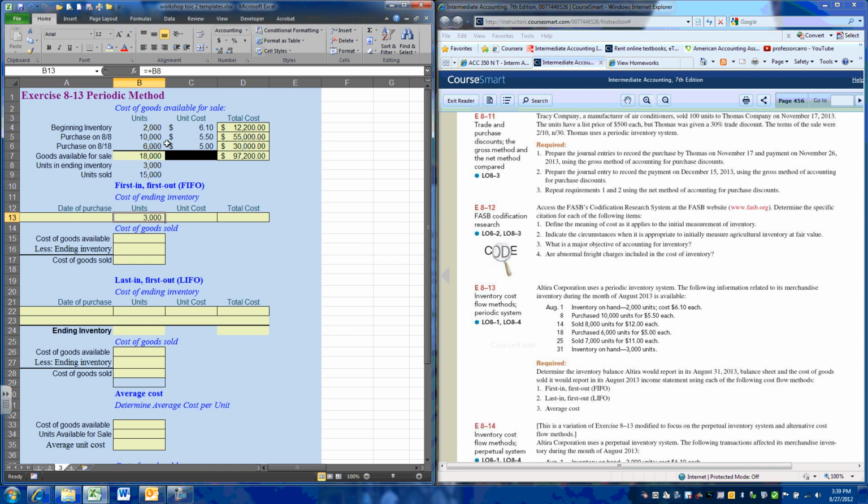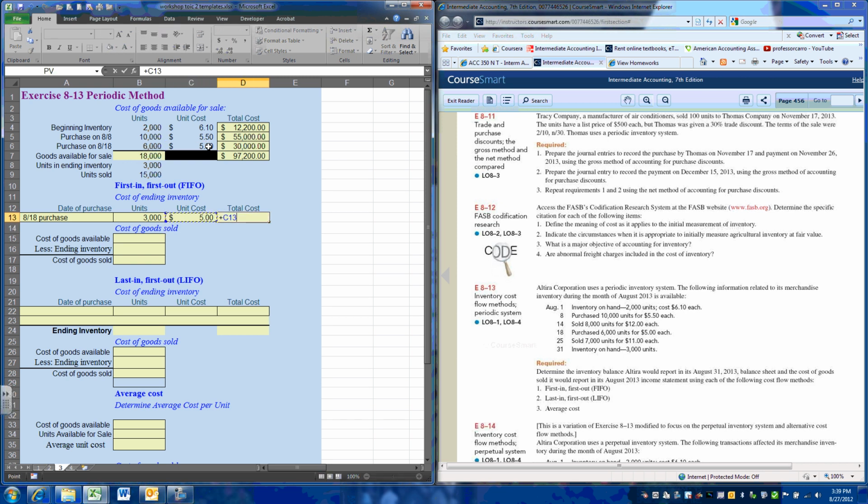Under first in, first out, we're going to assume that the oldest products were sold first, meaning that the latest additions are still in inventory. Our last purchase was on 8/18. We purchased 6,000 units, so we're going to assume that all 3,000 of our ending inventory came from that purchase of August 18th. They were at a cost of $5.